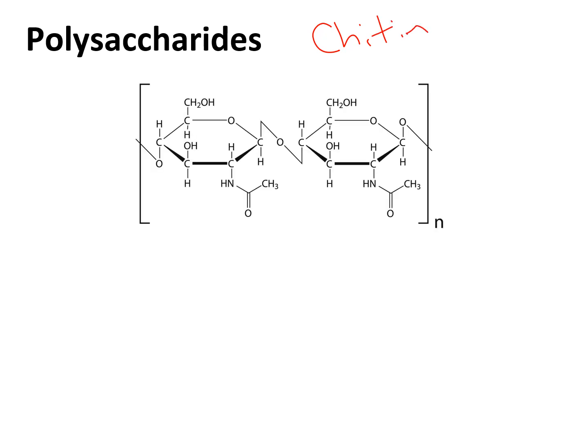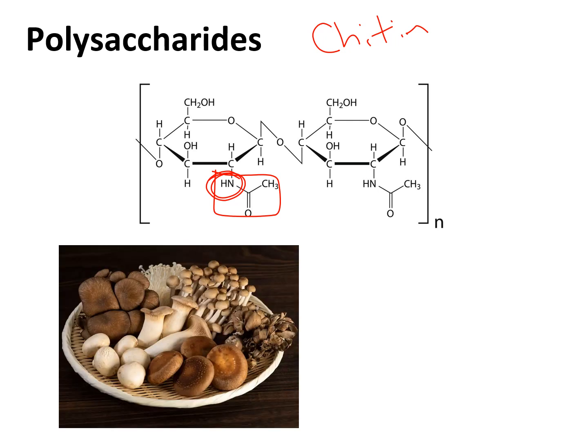A slightly different type of polysaccharide is called chitin, and chitin has a different structure because it contains a functional group with a nitrogen in it. So it has a little bit of a different molecular formula compared to the other types of polysaccharides. But chitin is found in the cell walls of fungi.